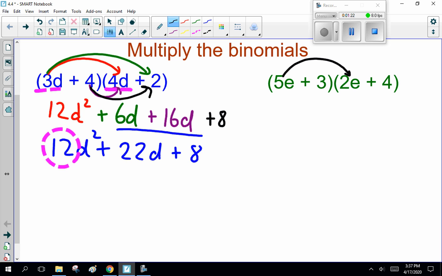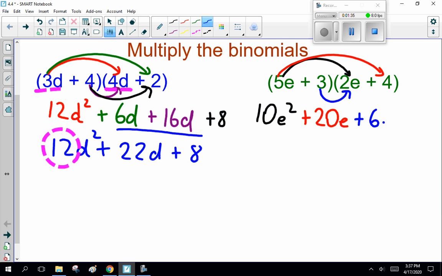5e times 2e, 5 times 2 is 10e squared. 5e times 4 is 20e. 3 times 2 is 6. Don't forget the e at the end. And 3 times 4 is 12.